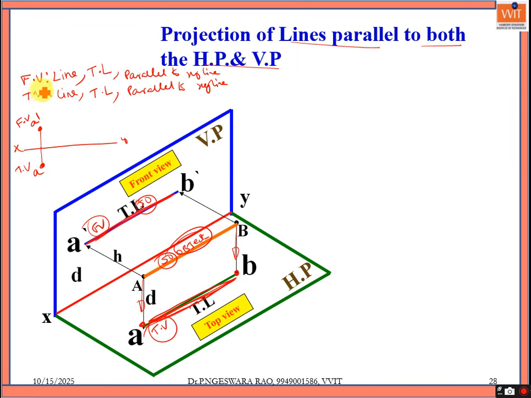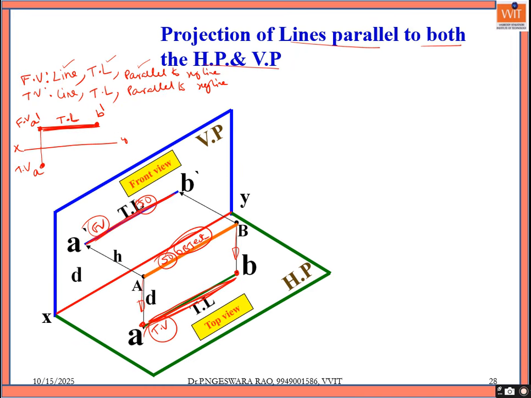So what is the solution we need to draw? In the front view it is a line with the original length but parallel to the XY line. That means in the front view we need to draw a line parallel to XY, with the original length as compared to the object. The original length of the object we have to draw, that is what we call the true length of the object.